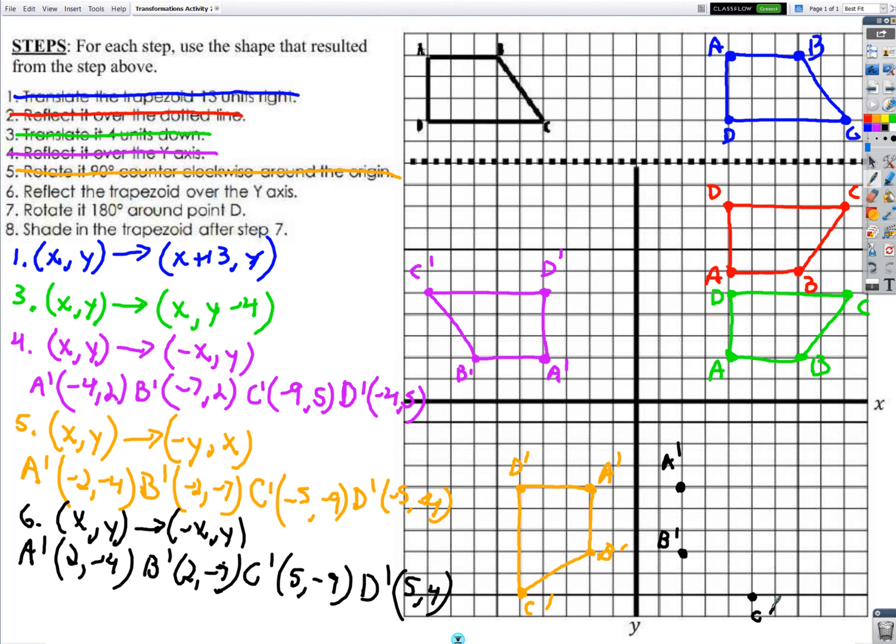And then D is 5, -4. And only one step left to go.